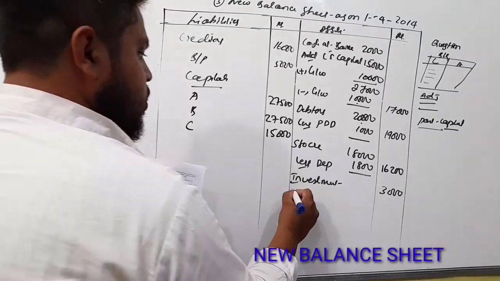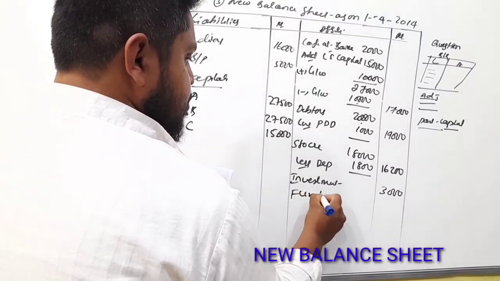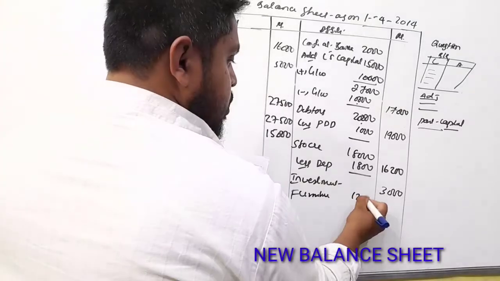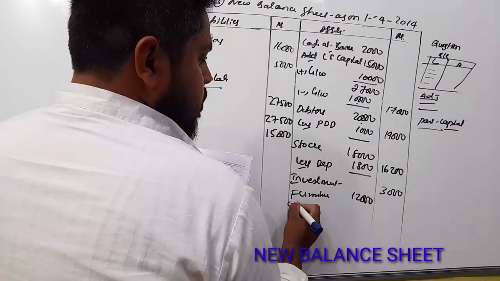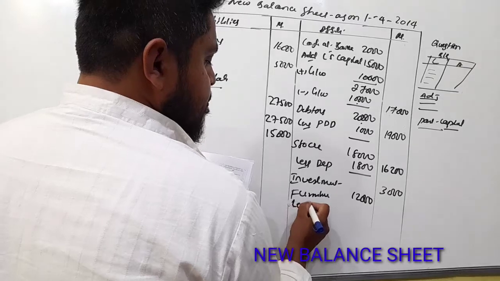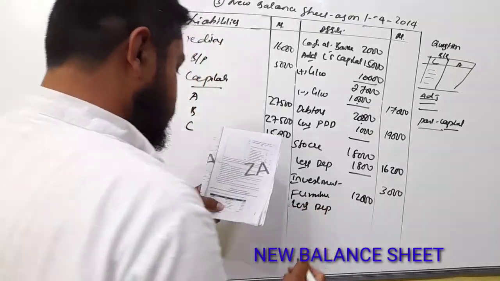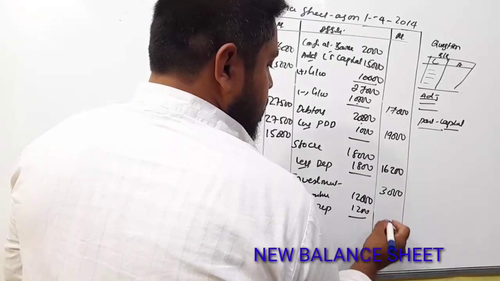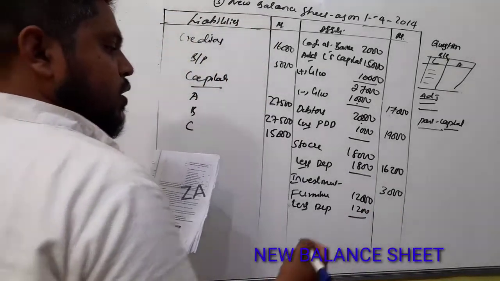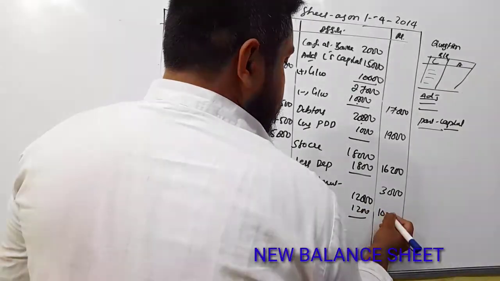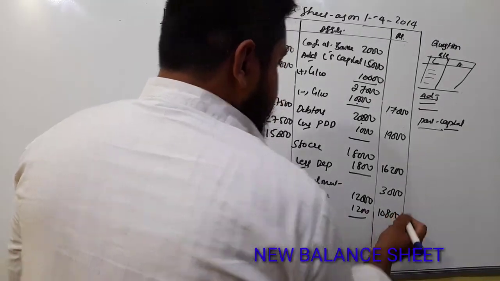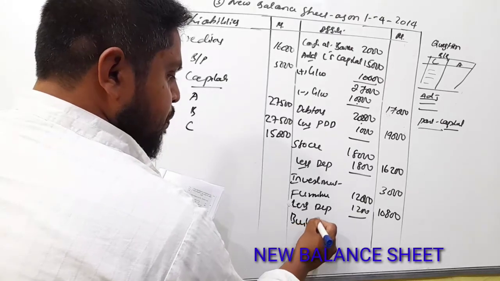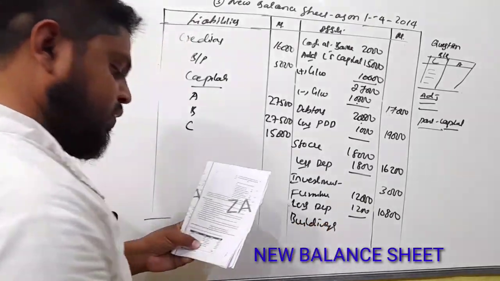Next, furniture. For furniture you got an adjustment, less depreciation. The depreciation is 1,200, so 12,000 minus 1,200 is 10,800. Next, buildings. For buildings you got an appreciation adjustment.